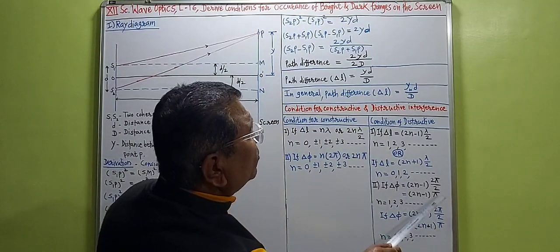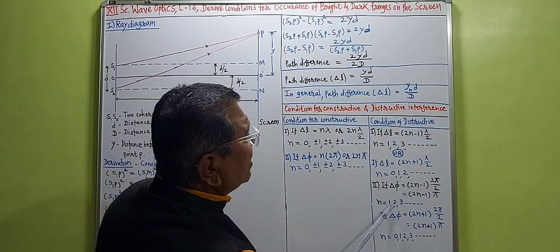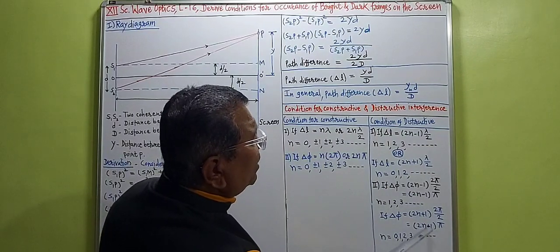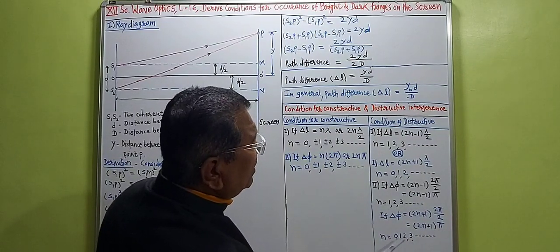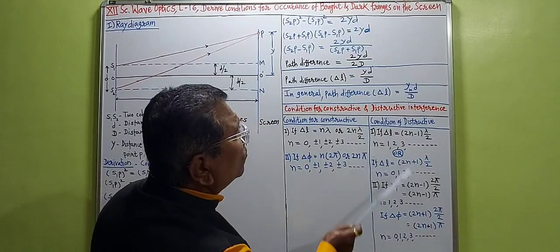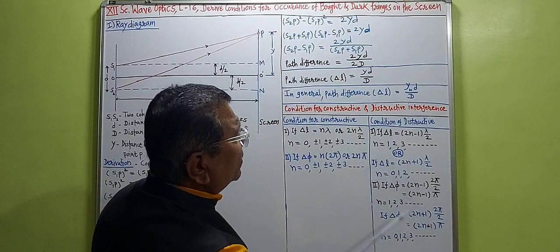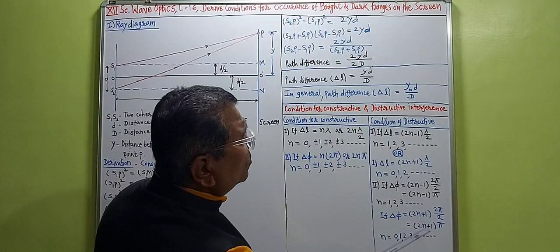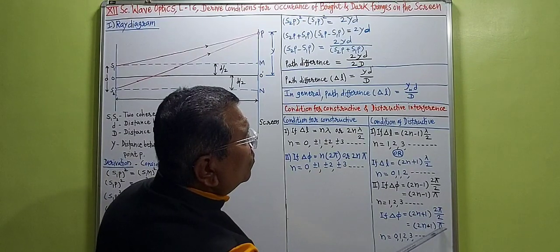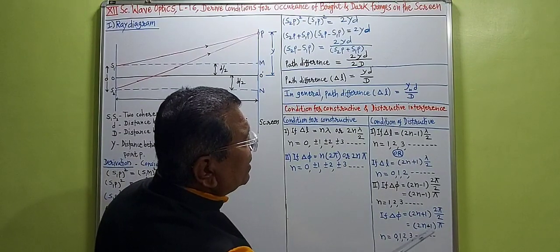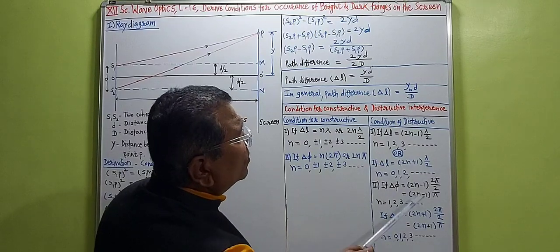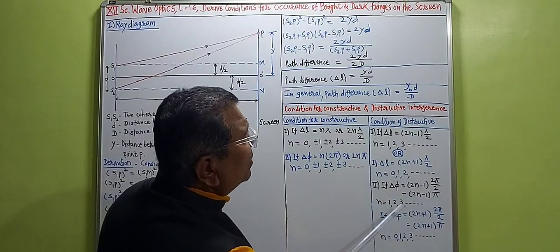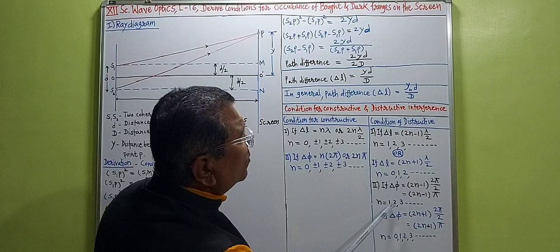(2n minus 1) into pi: at that time n starts from 1. But if it is (2n plus 1) into pi, at that time n starts from 0, similar to the case of path difference. Delta phi is equal to (2n plus 1) into pi; if the plus sign is there, it starts from 0. For (2n minus 1) into pi, n starts from 1.